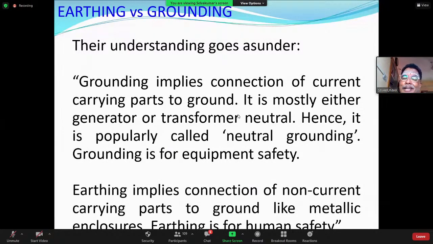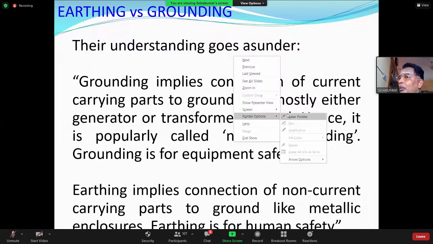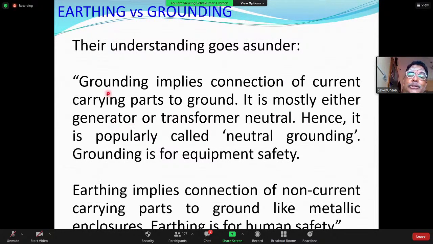They have made this particular explanation. Grounding is connection of current carrying parts to ground. That is, the neutral. If you connect the neutral to the earth, they say that should be called grounding, and it is for equipment safety and safety of the system. And earthing means non-current carrying parts, like the body of the panel board, switchboard enclosure, motor enclosure, or light fitting enclosure, whatever metal enclosures you are connecting to earth.